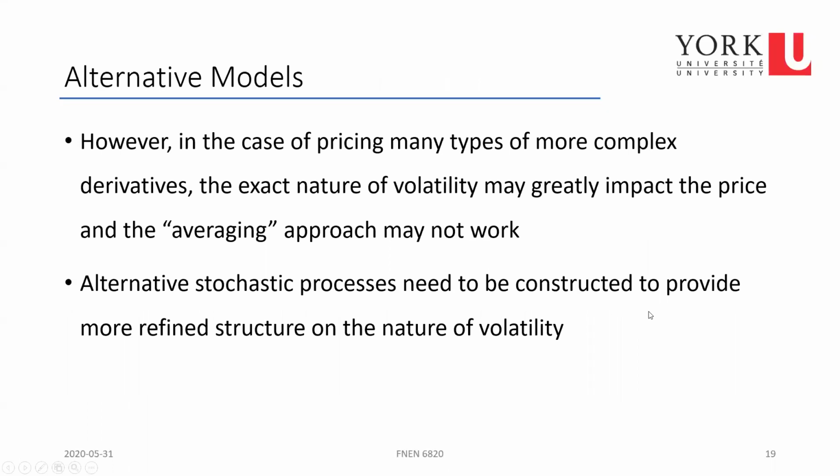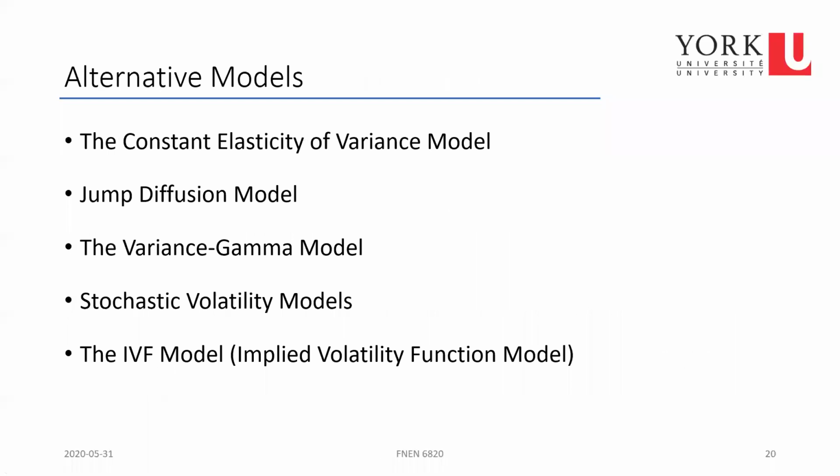So let's take a look at some of the alternative models that we need to construct and look at the pros and cons of these models. We're going to talk about 5 different types of models. The first one is called the constant elasticity of variance model. The second one is a jump diffusion model.